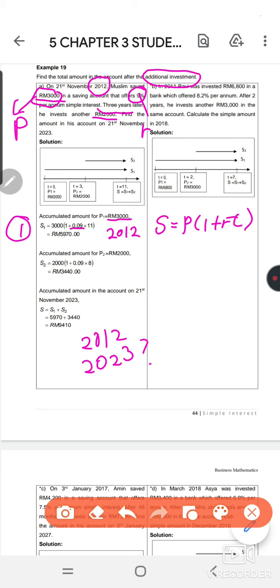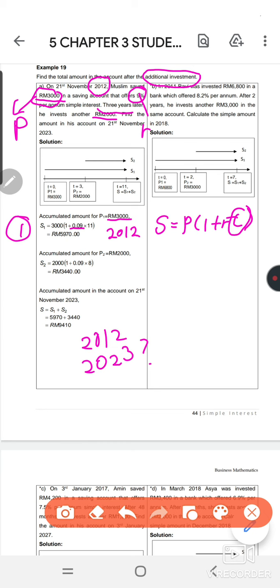Sebab apa kita darab dengan 11? This one is for T, so T is 11. So you will get 5,970.00. Yang ni untuk accumulated amount for P1 equals 3,000, bila kita simpan pada nilai 3,000.